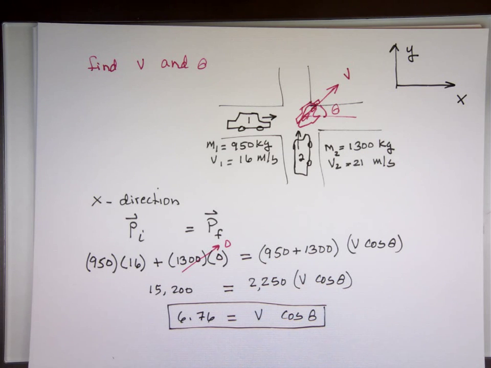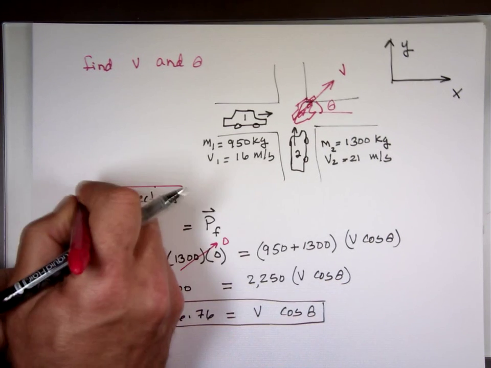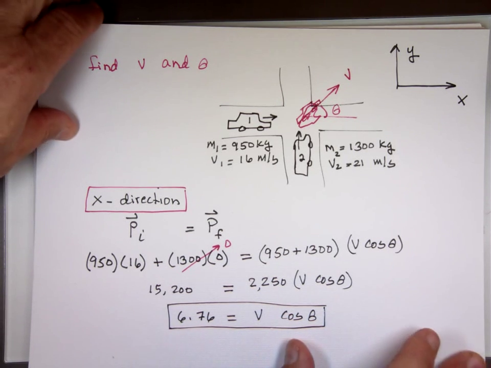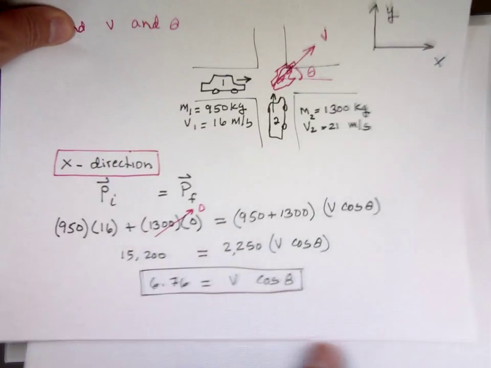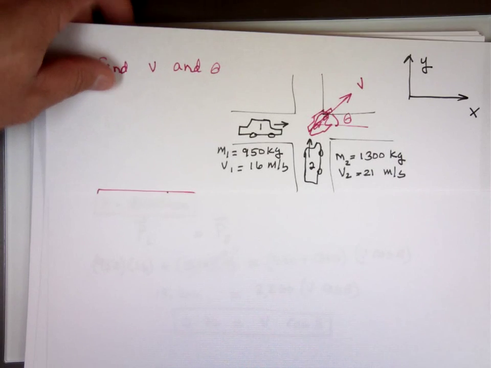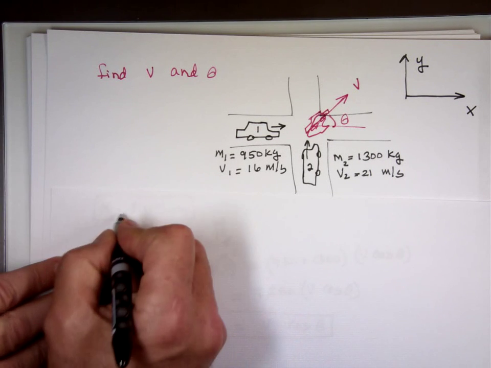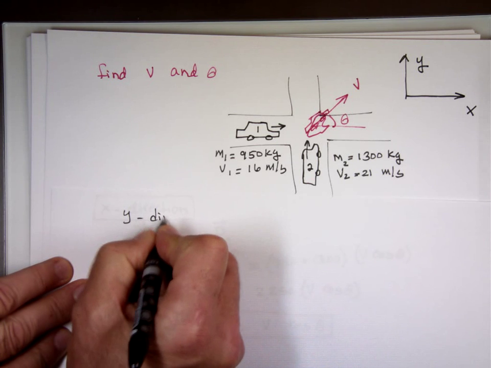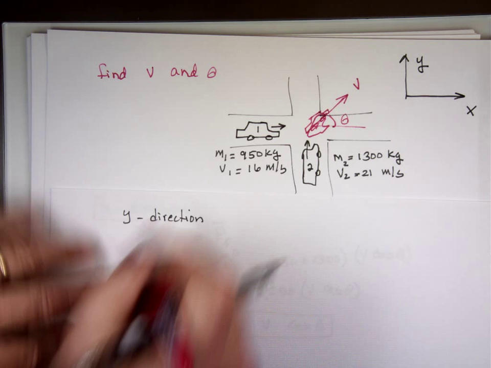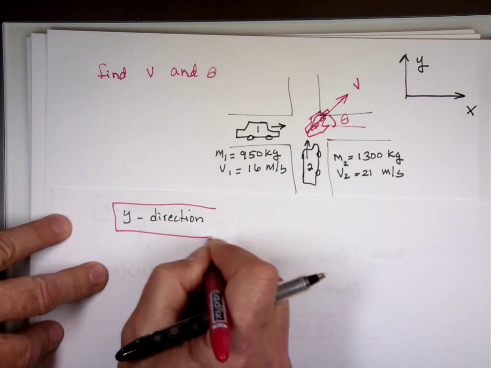Now let's look at the y direction. So this was the x direction, right here. Let's look at the y direction. In the y direction, let's look at the car here, the 950.